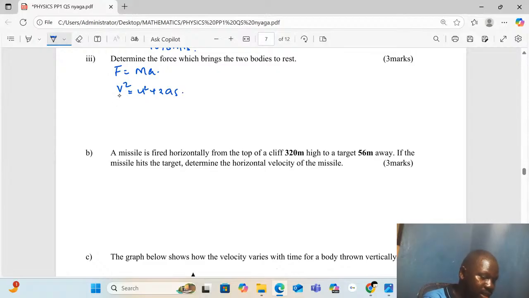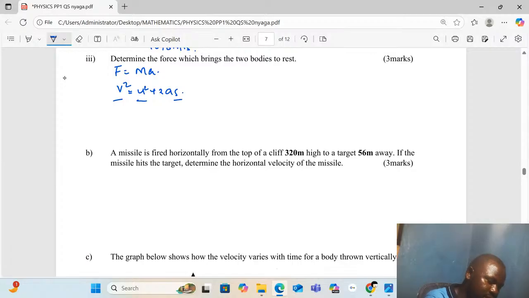We know that the body will come to rest, so V will be 0. Our initial velocity of these two bodies, when they started moving together, we have seen it is 10.8. We have our distance S, which is 9 from the question.